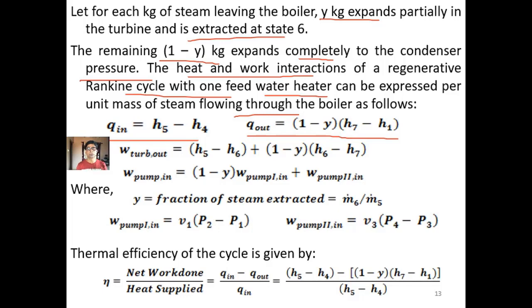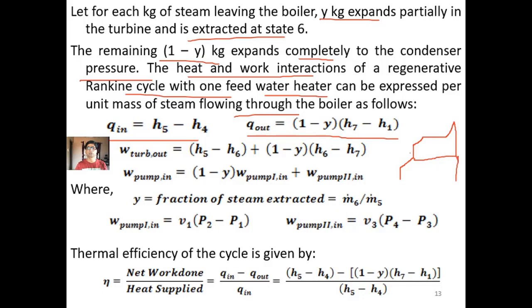I can't go back to that T-S diagram, so just recall it. If I draw here 1 to 2, 2 to 3, 3 to 4, then partial extraction at this point, then expansion like this.